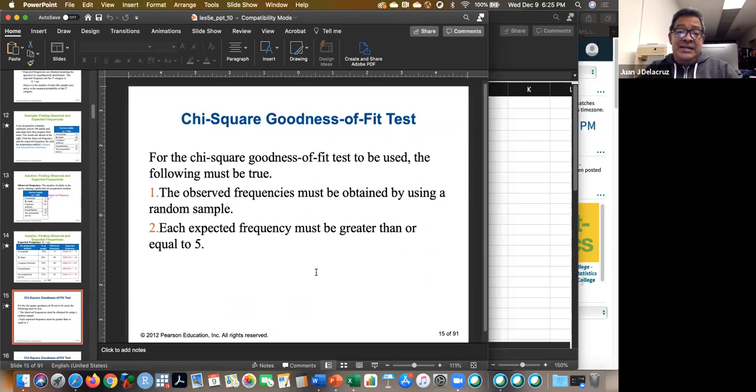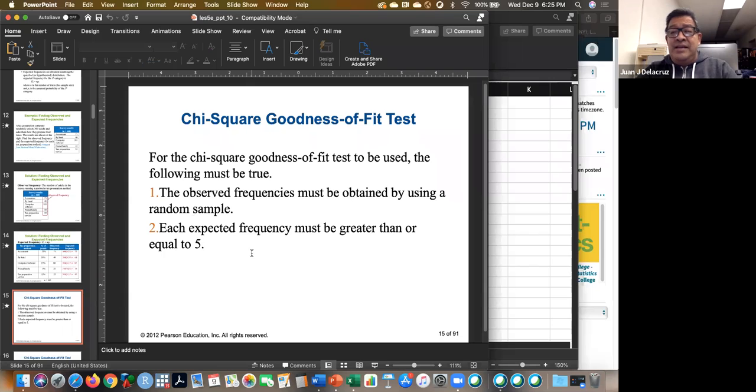As I said before, these two things are also very important. The observed frequencies must be obtained by using a random sample. Always, always, always, random samples are the best, unbiased, and provide the best unbiased estimators. We are also going to make sure that each of the cells that we are assessing is greater than 5.